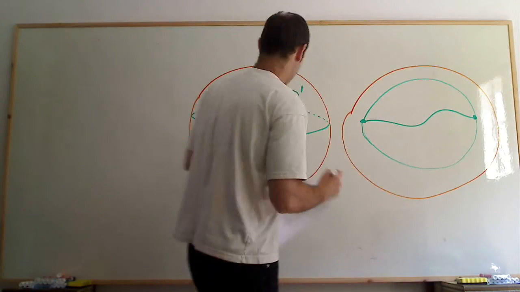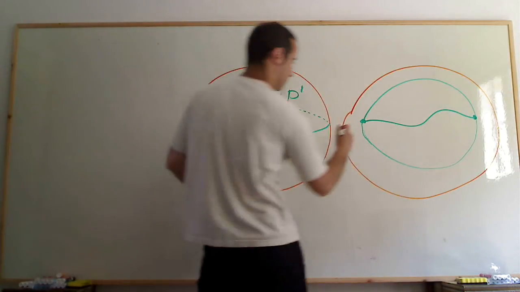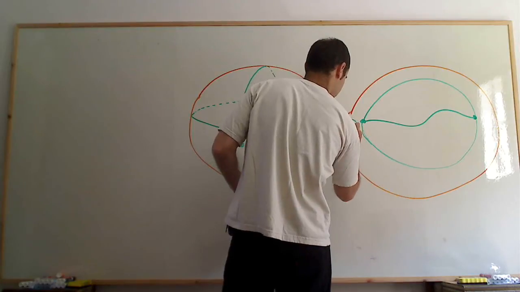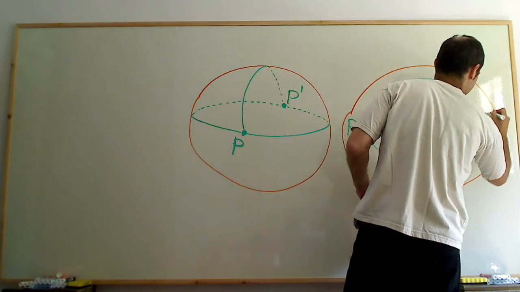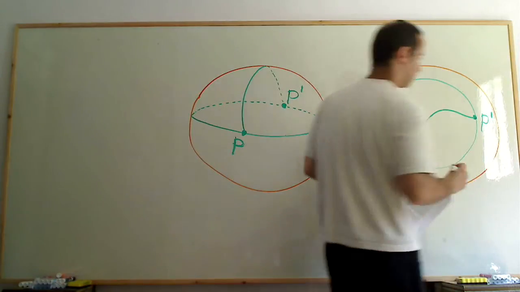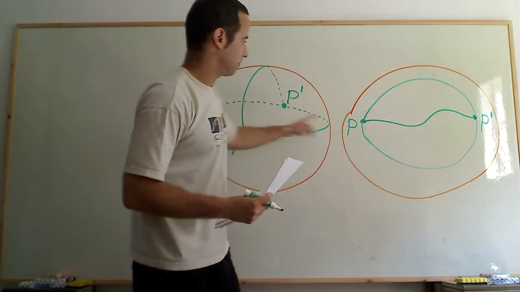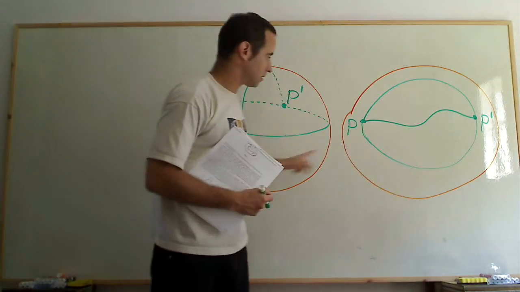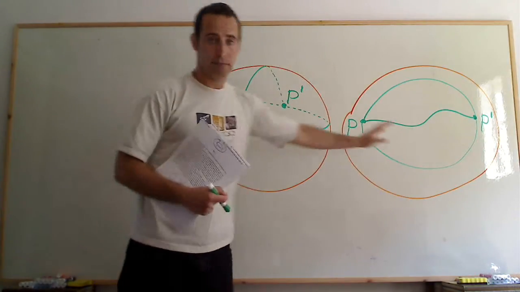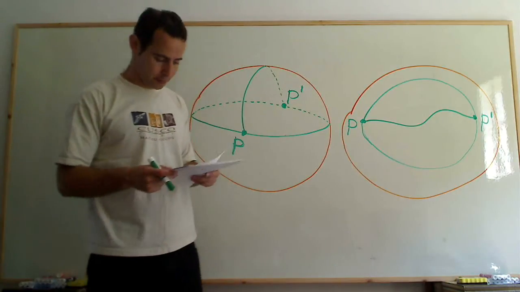Okay, and one of the points is P, and the other is P prime. And topologically speaking, this is the same drawing. This and this is the same thing. Okay?